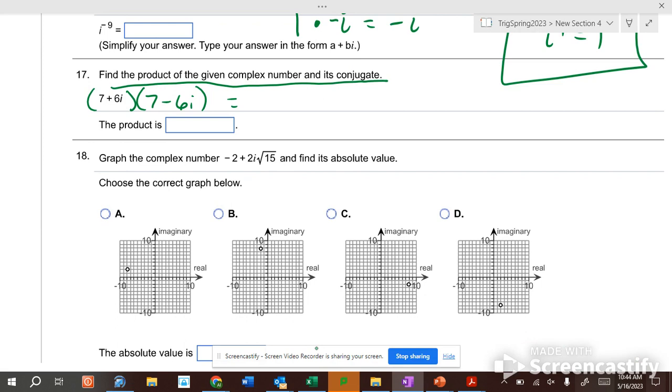So 7 times 7 is 49. Outers and inners in conjugates always cancel. So it's minus 36i squared, which is the last part. 36 times I squared is a negative 36. Minus a negative is plus a positive, so we get 85.